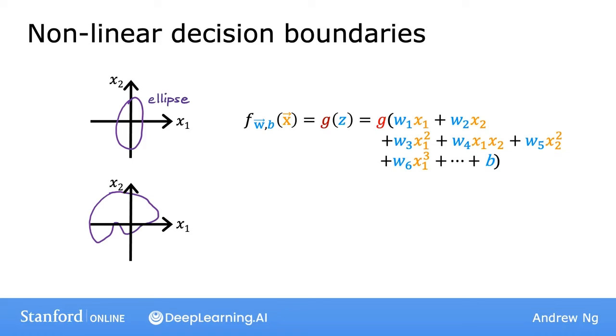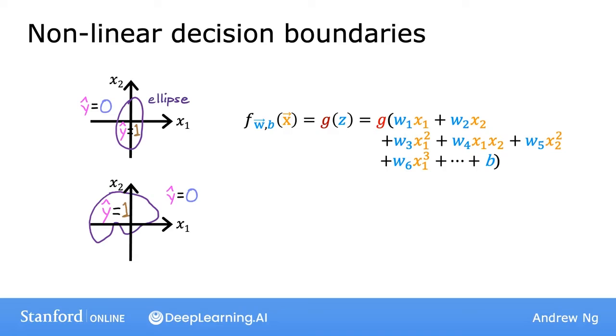And this implementation of logistic regression will predict y equals 1 inside this shape, and outside the shape it will predict y equals 0. So with these polynomial features, you can get very complex decision boundaries. In other words, logistic regression can learn to fit pretty complex data.